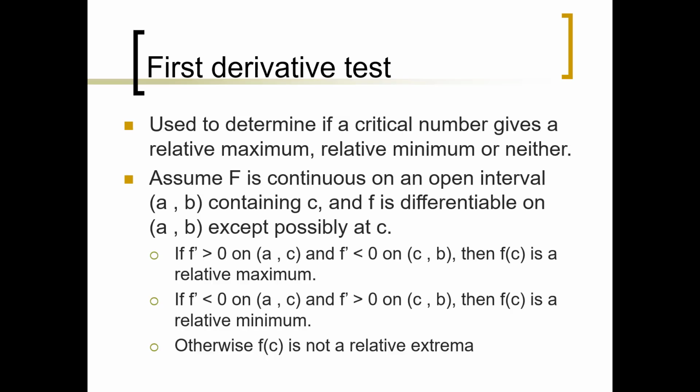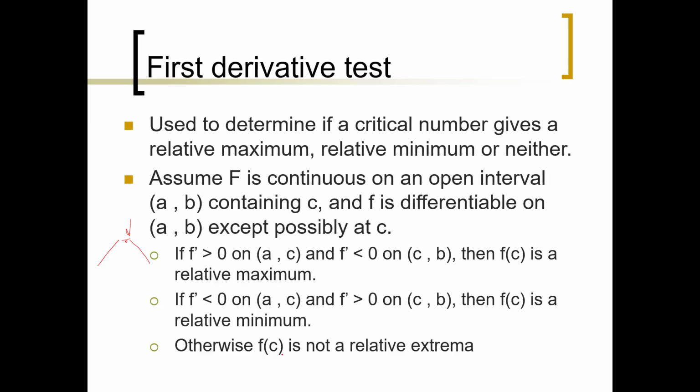And if the derivative is negative after c, then the function is decreasing on that interval. Well, if it increases and it then decreases, what you must get is something like this. It goes up and then down, but we know the function is continuous in between, so there's a point, and it all glues together. So you must get a relative max.